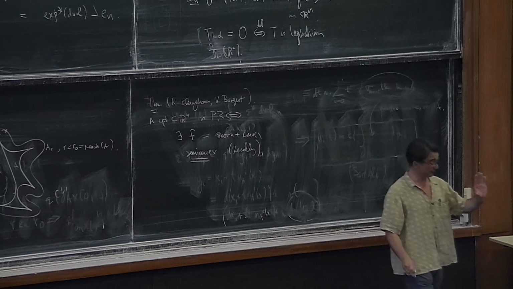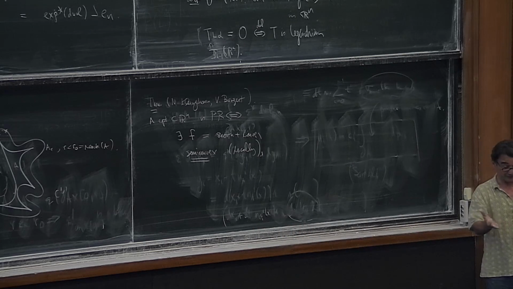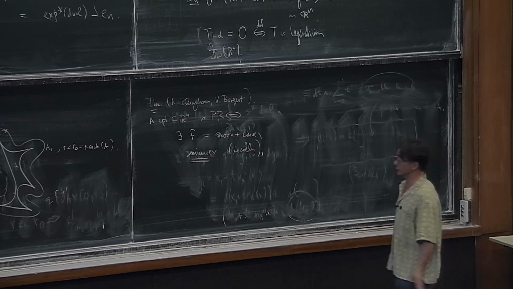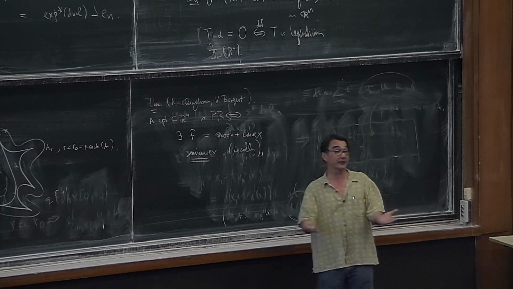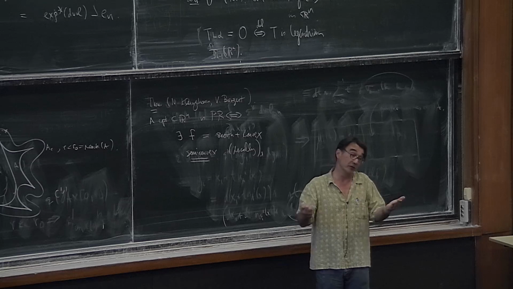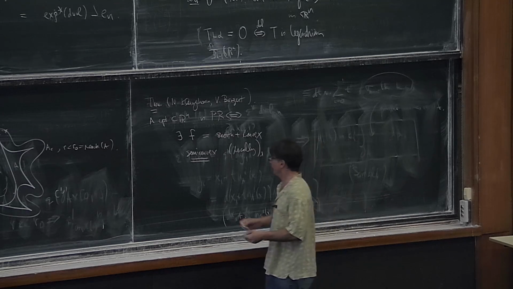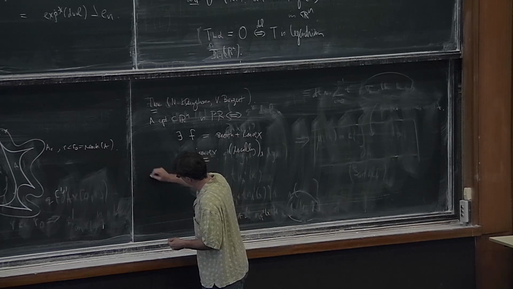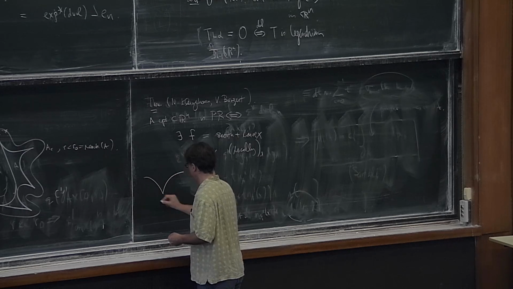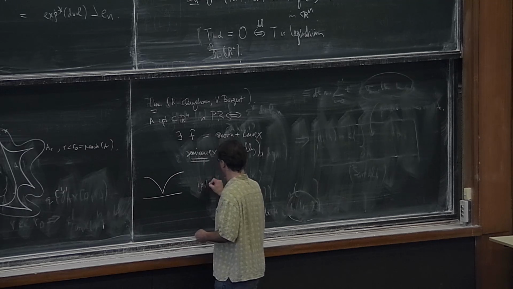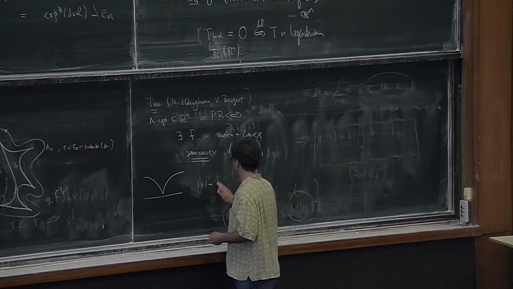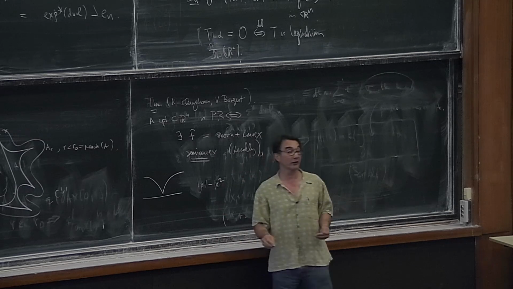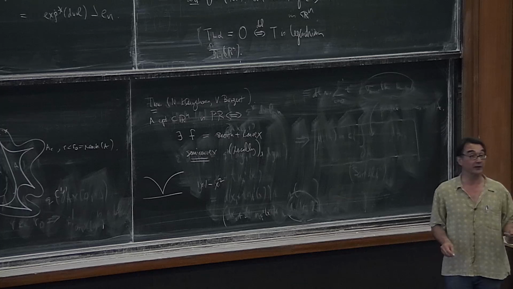So a function is semi-convex if you can express it as a smooth function plus a convex function. For example, obviously a convex function is such a function, or a smooth function. Or maybe something like the absolute value minus x squared. That's a prototype semi-convex function.